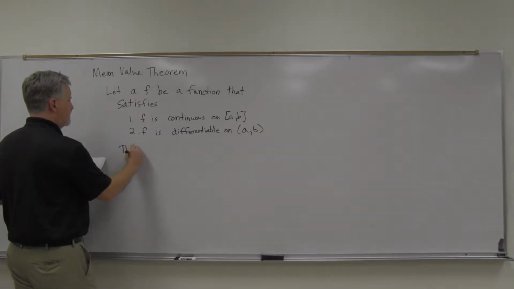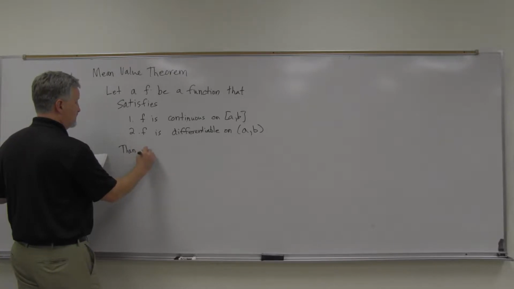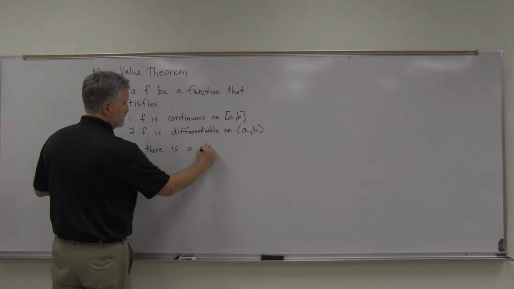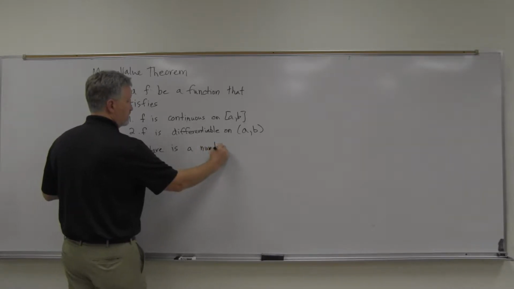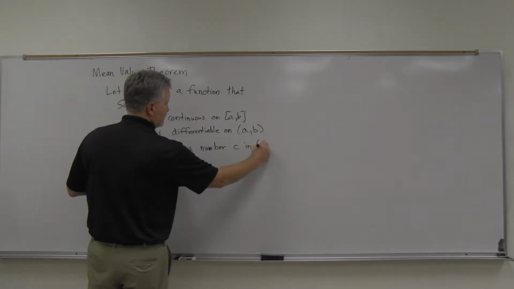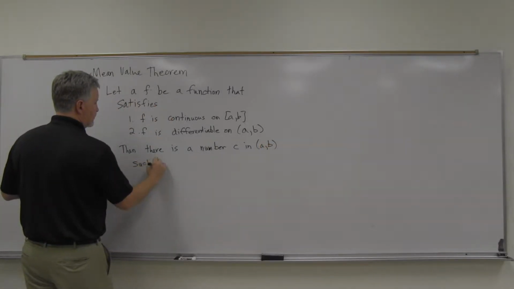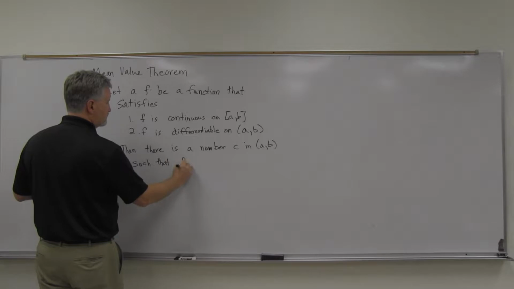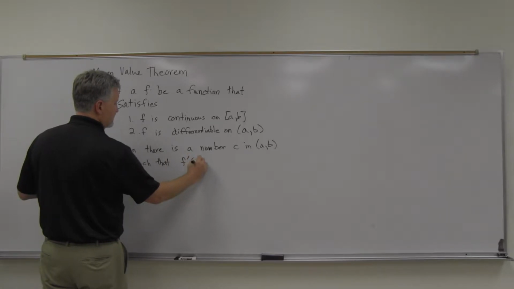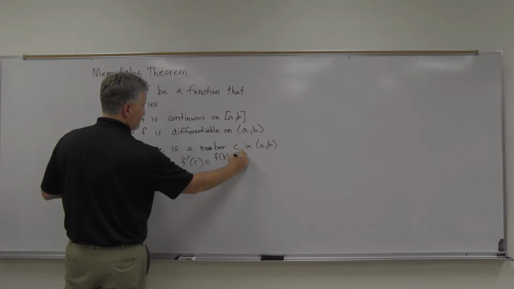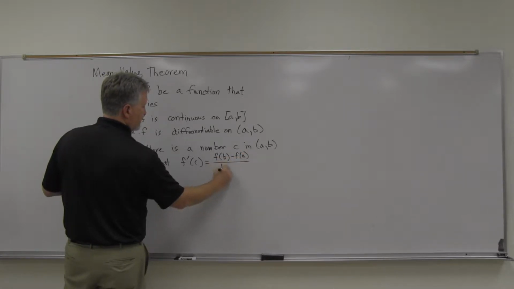Then there's a value c, a number c, in (a, b) such that f prime of c equals f of b minus f of a over b minus a.